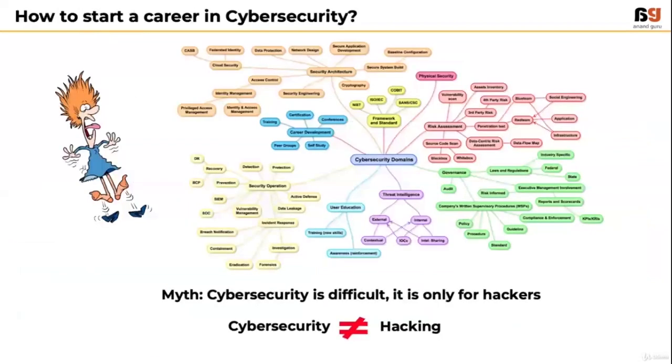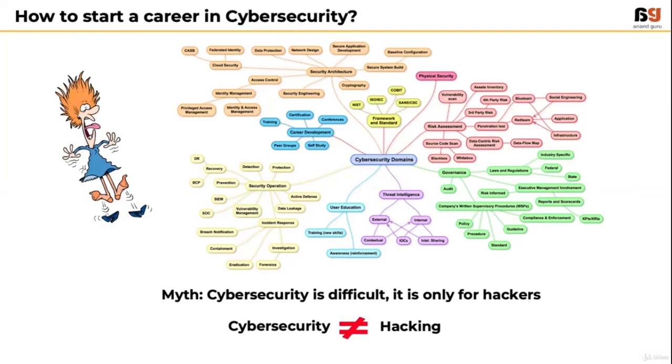I like this analysis he gave. He said there is a myth going around that cybersecurity is difficult. Yes, it is difficult when you don't have a pathway, when you don't have people who guide you and tell you how you're going to go. When you go on YouTube to say you want to learn cybersecurity, you're going to find a lot of information and a lot of career paths, and they will not bring it to you in an organized way.